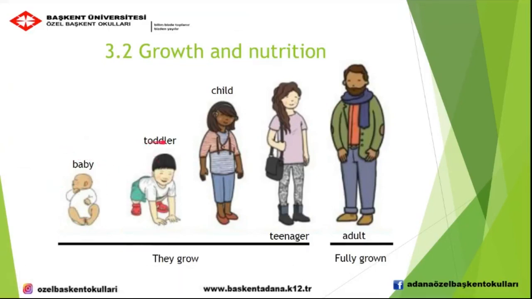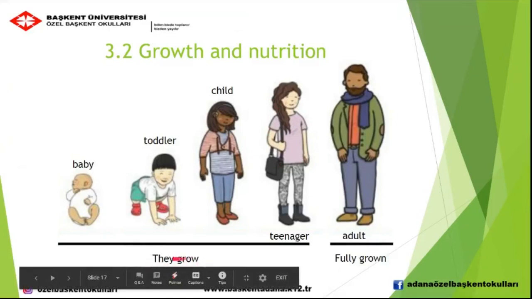Then we become toddlers, children, and teenagers. We grow through these 4 phases. When we stop growing, we become adults and we are fully grown.